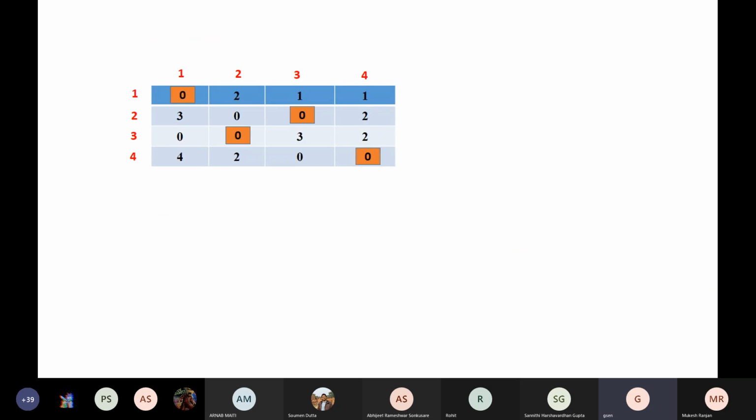If you do not find a feasible assignment even at this step, then again you have to repeat that process, drawing vertical and horizontal lines, and again do the same thing. You keep doing till you get a feasible assignment of zeros, right?